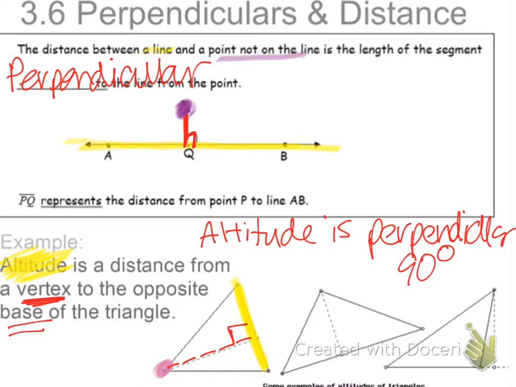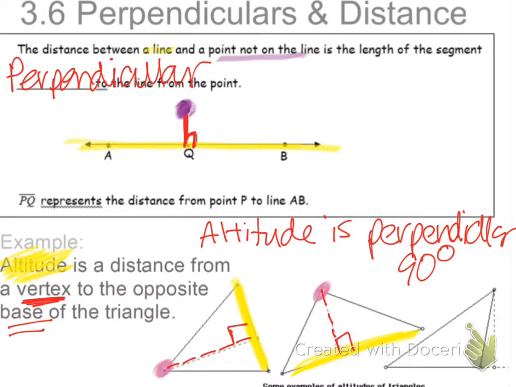So when you look at the next one, we're starting from that vertex, and if I go to the opposite base, I would need to draw in a perpendicular line, and that would be the distance between that vertex and that line. Also called your altitude. But when we talk distance today, that's what we're talking about.